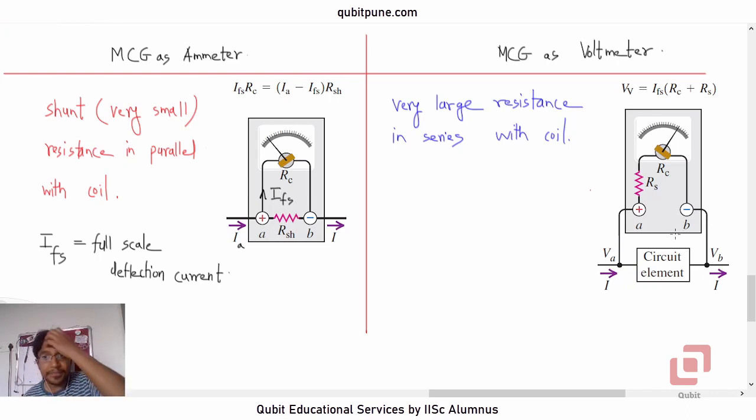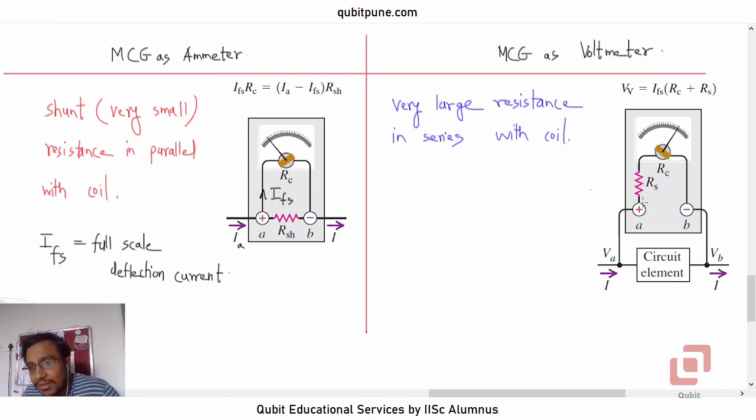Now, the full scale current, because it is an extremely sensitive device, I_FS will be an extremely small value. So to increase the range, we attach this R_S. R_C is the coil resistance and R_S is the series resistance that we have attached to the coil.